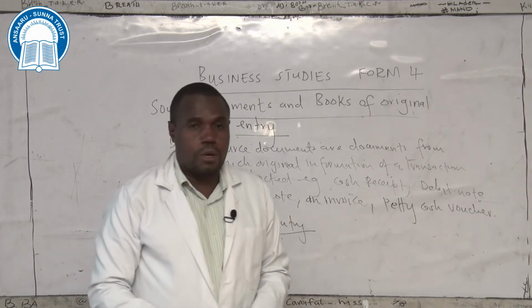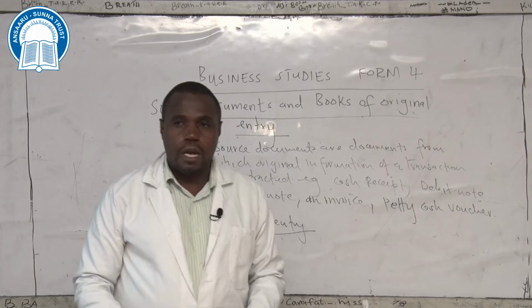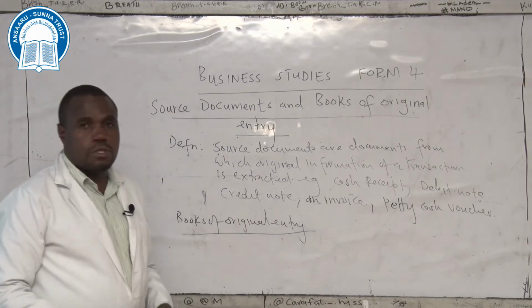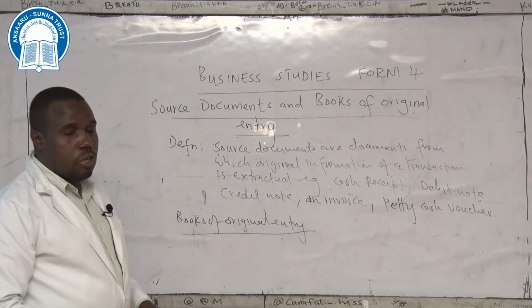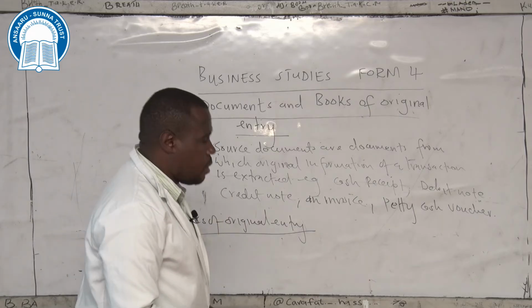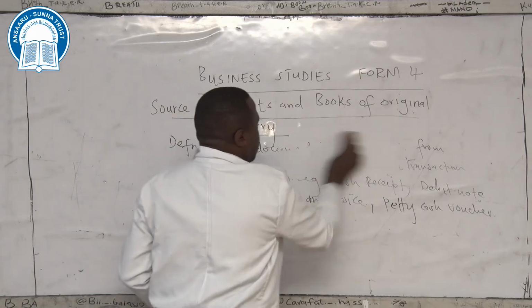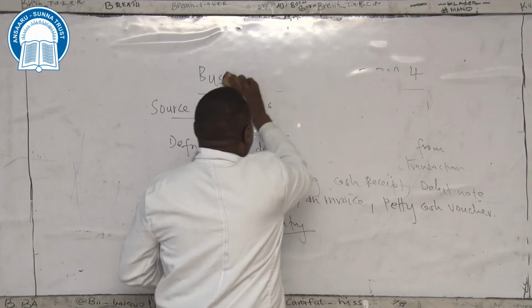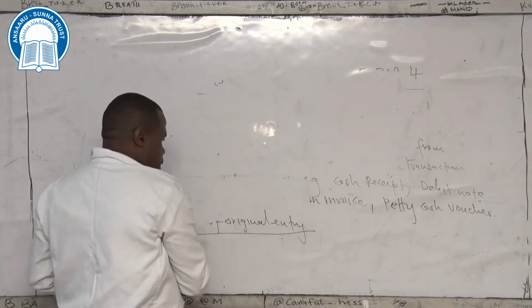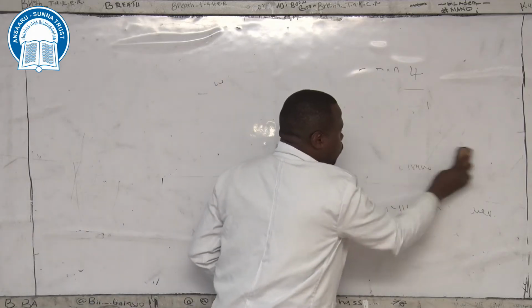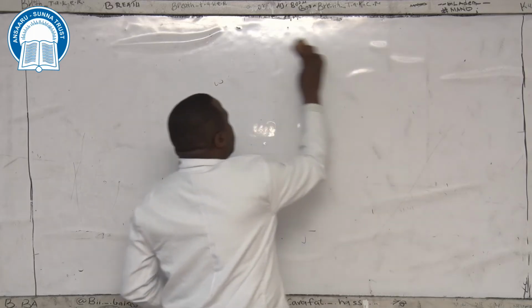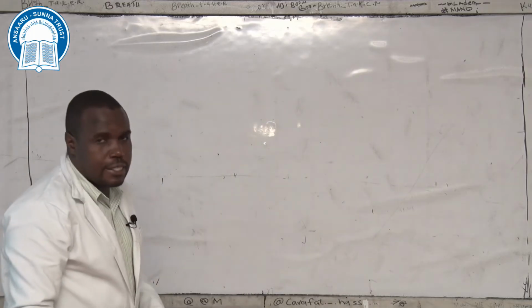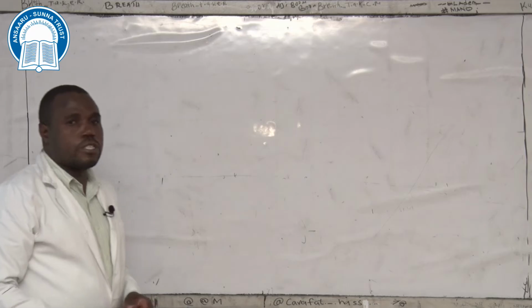So let's look at how to record this information in the books of original entry. I'm going to give a summary of how to record them, so that a student will use it, if you go through your notes, you'll see that the summary will help the student understand how to record this transaction.